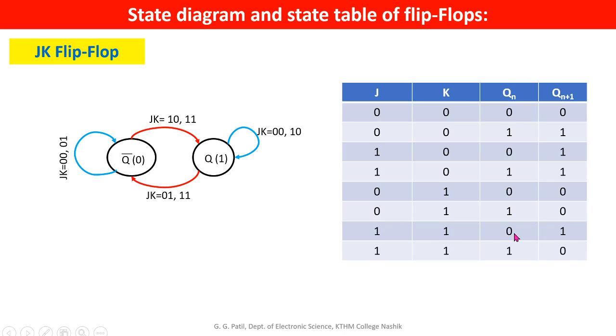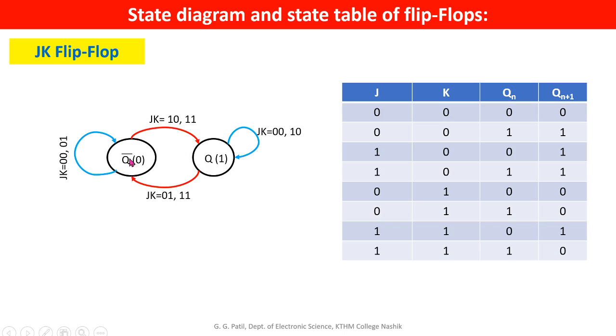So if it is 0, it changes the output from 0 to 1, and if it is 1 presently, the next state output is 0. So this condition is called the toggle condition in the JK flip-flop when the JK inputs are 1 1. That is the only difference, and accordingly we can draw the state diagram of the JK flip-flop.